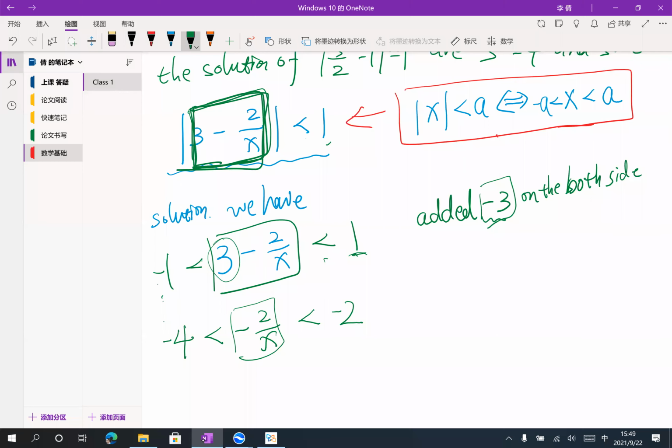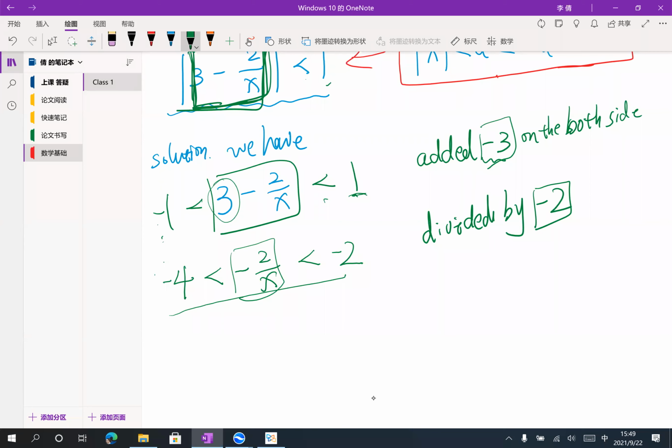Yes, and then to solve this inequality, we divide by minus 2 on both sides. If we divide by minus 2 on both sides, we can get what?